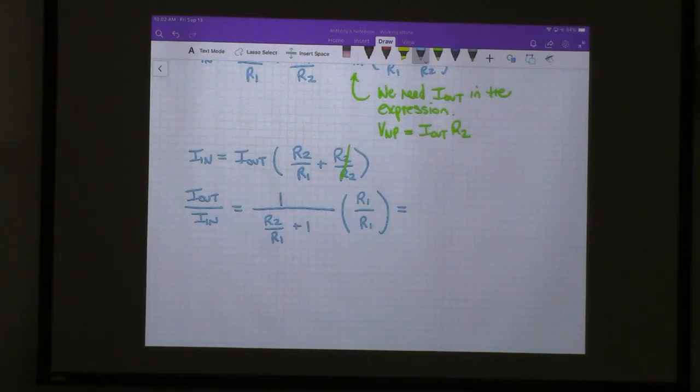And what we'll end up with is R1 over R1 plus R2. And that's the same as above. So that's nice. That works out.